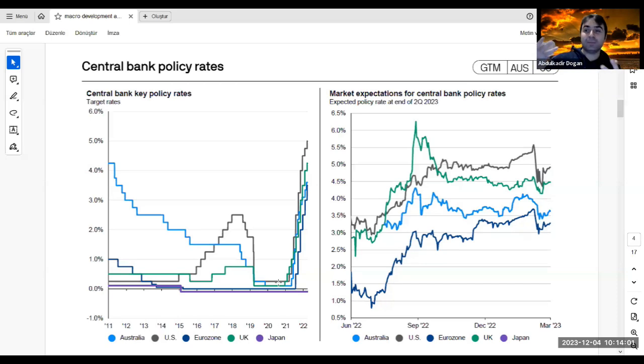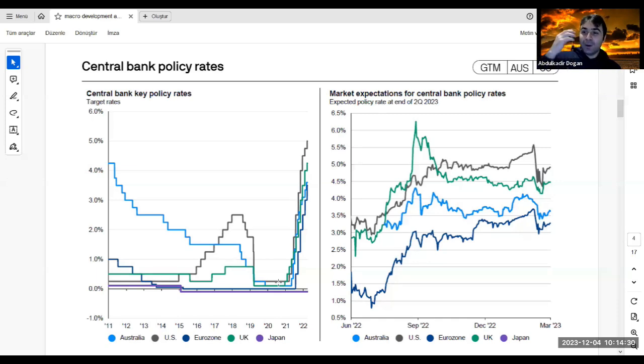Then, when the inflation started to increase and come to the target band of the central banks, what do we mean by target band? Each central bank has a target band for their interest rate and for their inflation and output level. We calculate these types of dynamics from the Taylor rule, and the Taylor rule shows how the interest rate can be adjusted if the inflation, the output, and the exchange rate deviate from the targeted level.